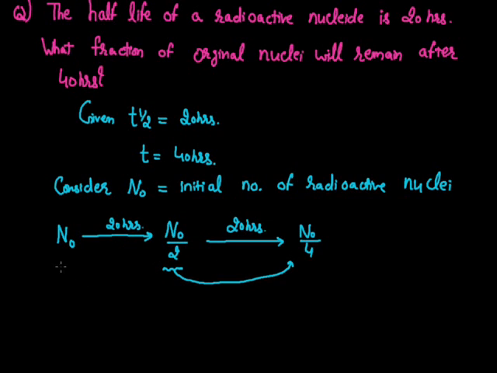So starting from the amount N0, within a time period of 40 hours, it decays to 1/4 of its initial value, and that is the answer asked of us. The number of original nuclei that will remain after 40 hours is N0 by 4, or 1/4 of the initial amount. Now let's move to the next question.